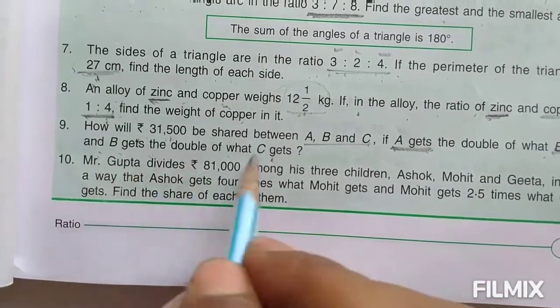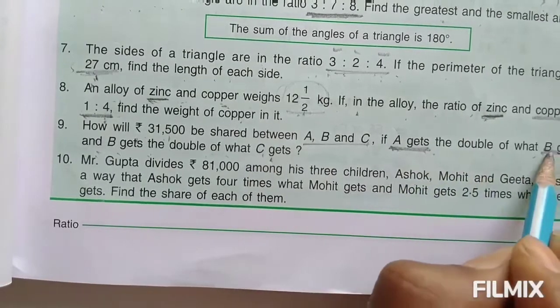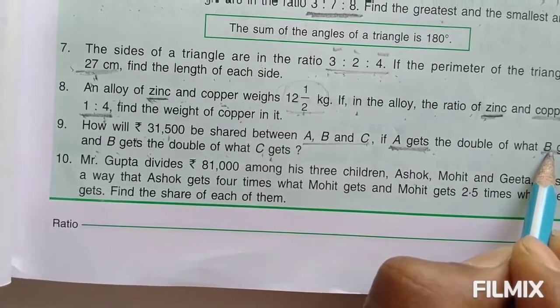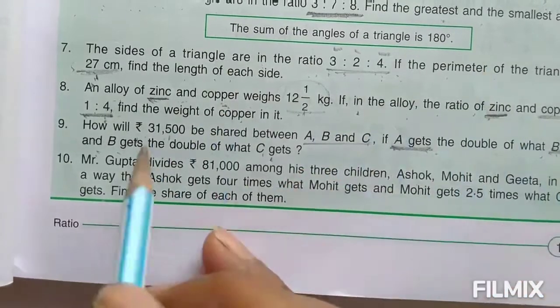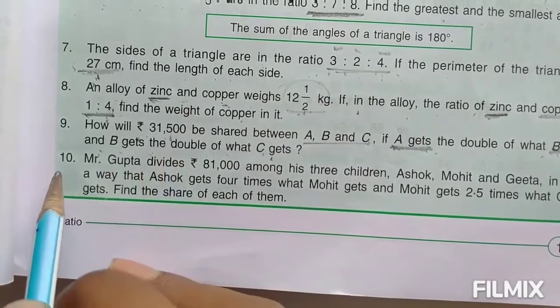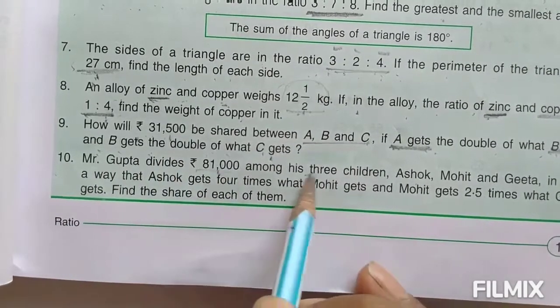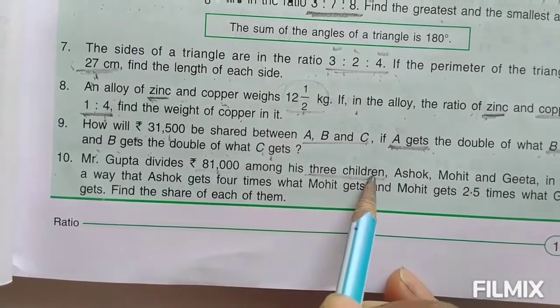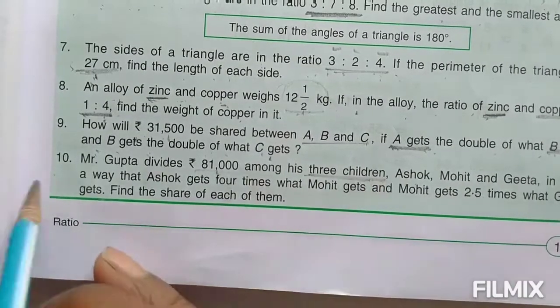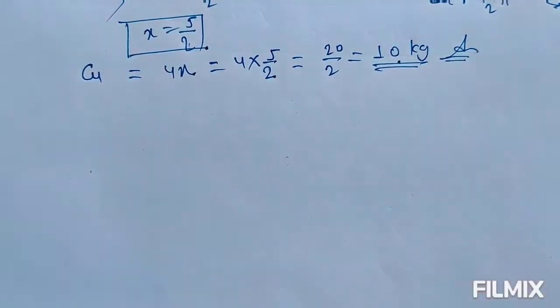Then B will be double of C, means 2x. Then A will be double of B, means 4x. And total value is 31,500. Question number 10, 81,000 will be distributed among 3 children. This question you can solve. Now listen, question number 9.